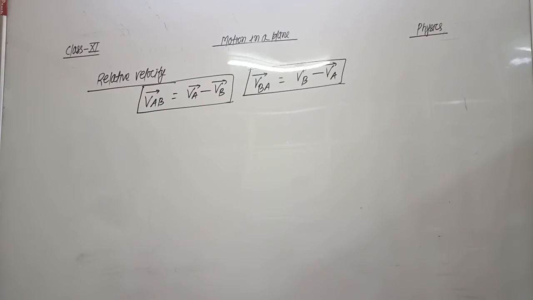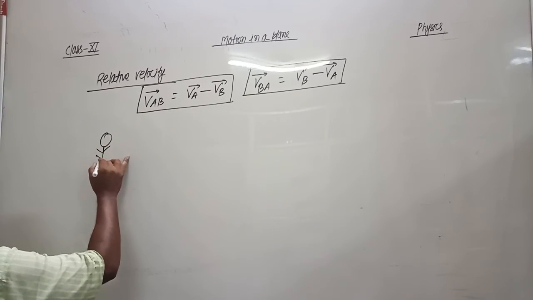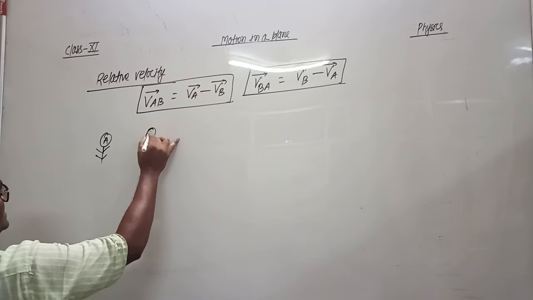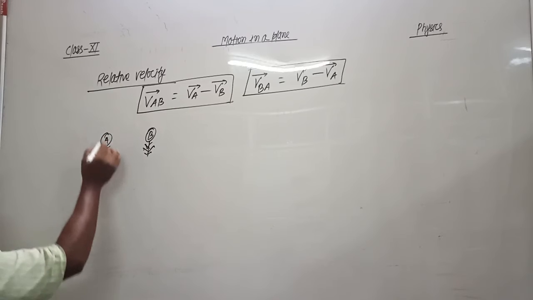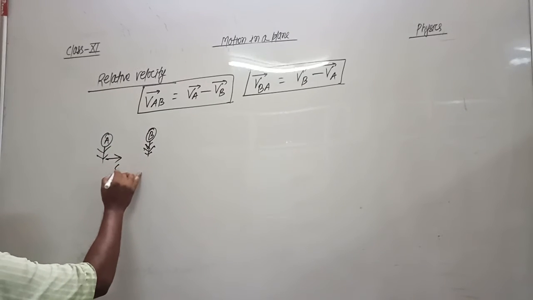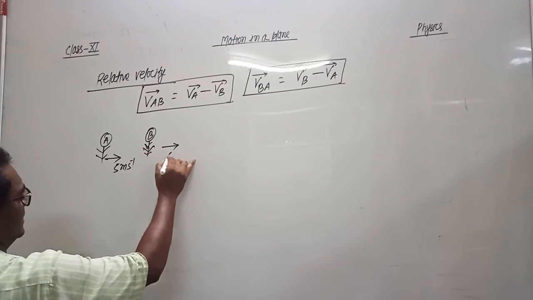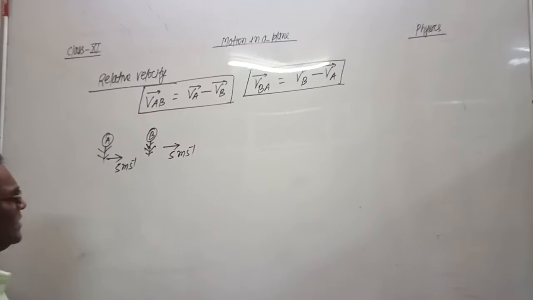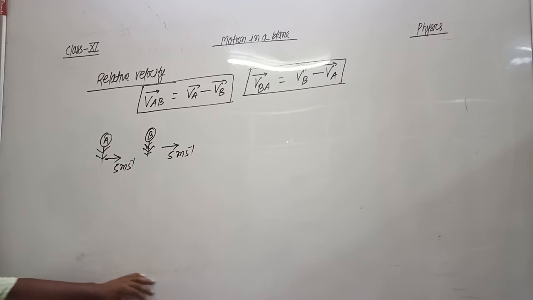Let us take one question. There are two persons, A and B, and both are moving in the same direction with the same velocity, 5 meters per second, along the x-axis.